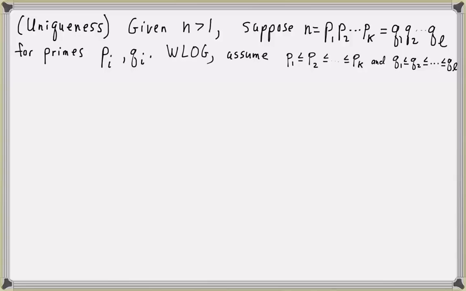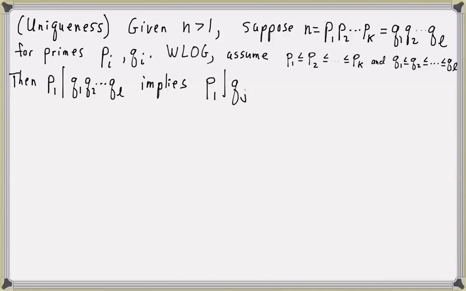Well, by this factorization, we see that p1 divides this product of q's. Then p1 divides q1, q2 up to ql. And this implies, by the previous corollary, that p1 must divide qj for some j.